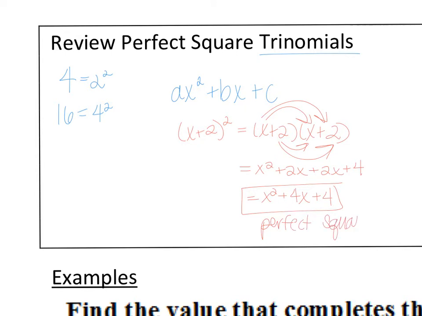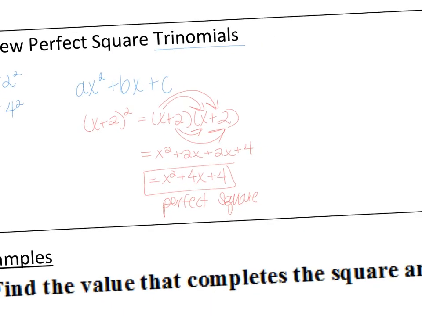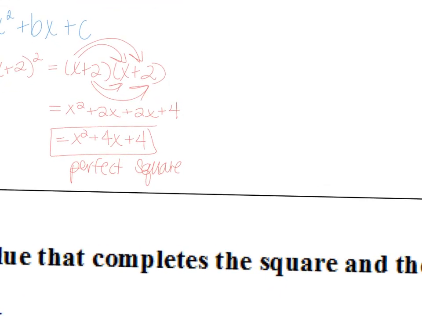If I didn't know what that c factor was, it's actually (b over 2) squared. That is the value. And if I wanted to check that, well, my b value is 4.